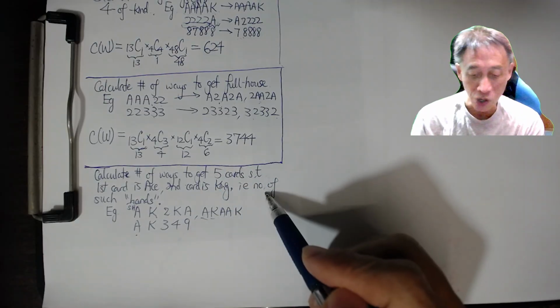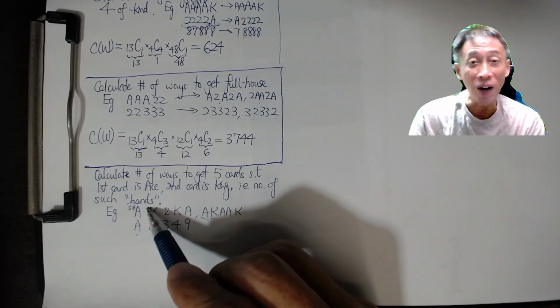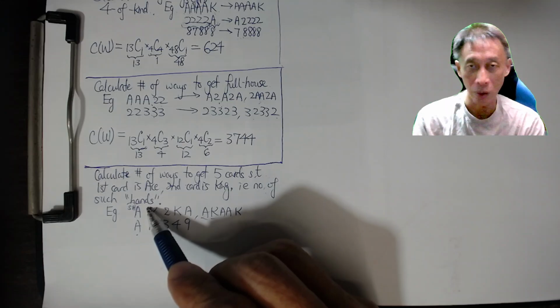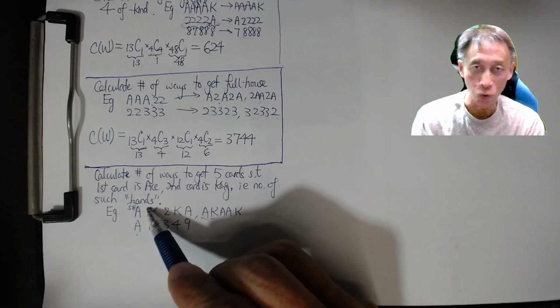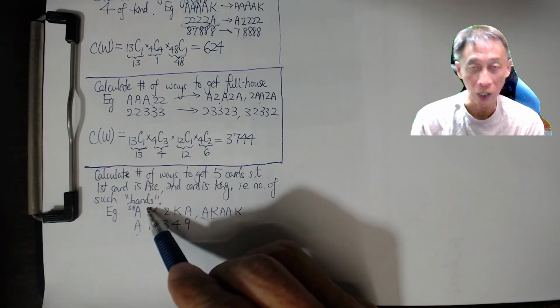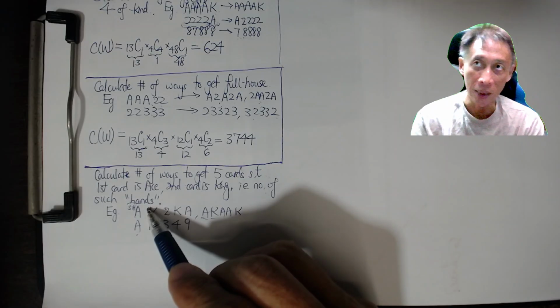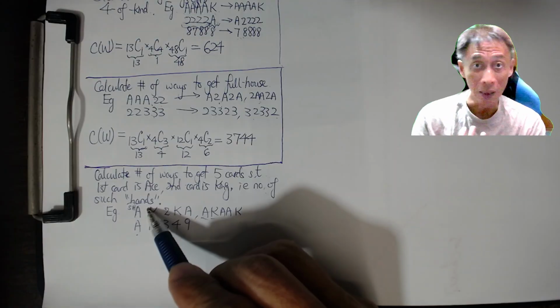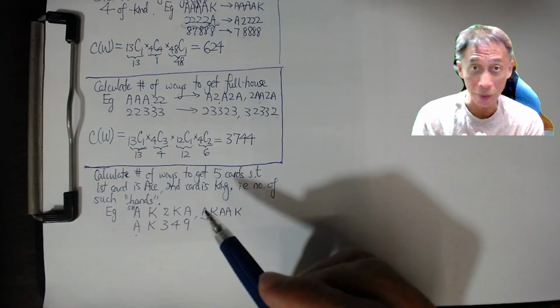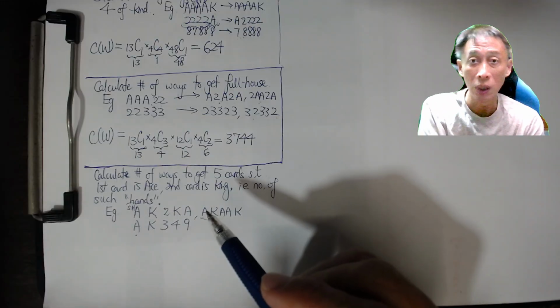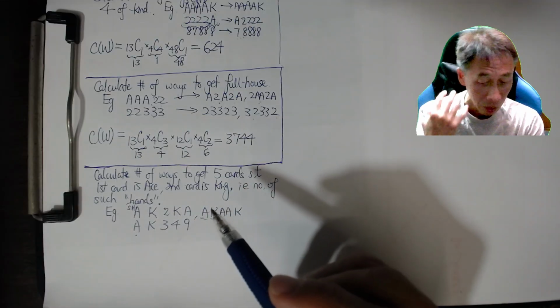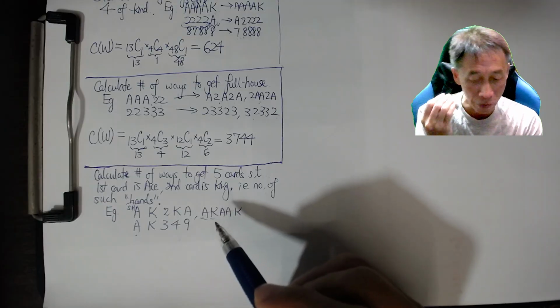However, the question really wants the final combination of 5 cards, just like the full house, just like the 4 of a kind. So it doesn't matter how the cards were permuted internally, perhaps at the 3rd, 4th, or 5th card, before the player shows the 5 cards. That's a very important understanding.